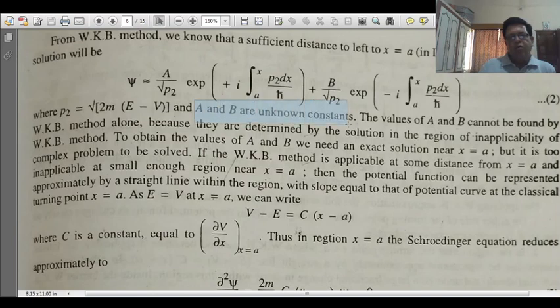Here A and B are unknown constants. The values of A and B cannot be found by the WKB method alone. The WKB method is not sufficient to calculate the unknown constants A and B, because they are determined by the solution in the region where the WKB method is incapable.